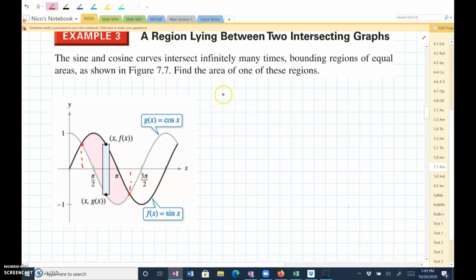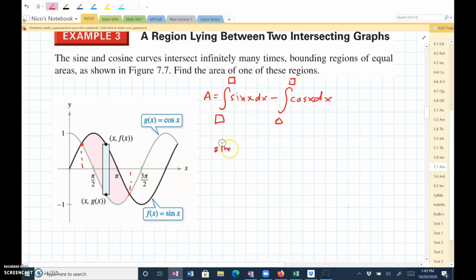We do know that to find the area in there, this one is sine, so it's going to be from blank to blank, limits of integration, sine of x dx, minus the integral from blank to blank, which we've got to find, of cosine x dx. So we've got to figure out where cosine of x is equal to sine of x.